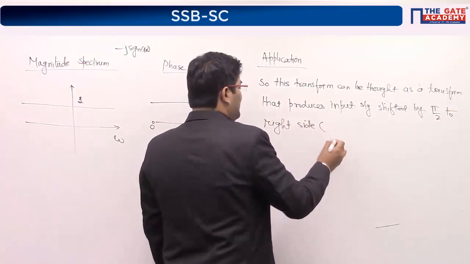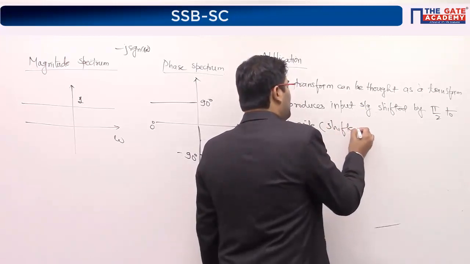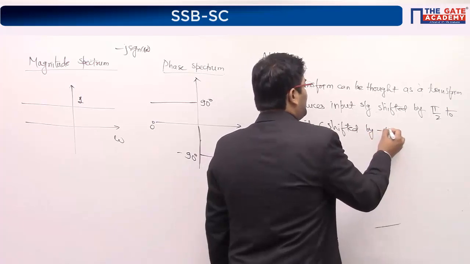Guys, right side means delay, right? So you can also write, in other words, shifted by simply minus pi by 2.